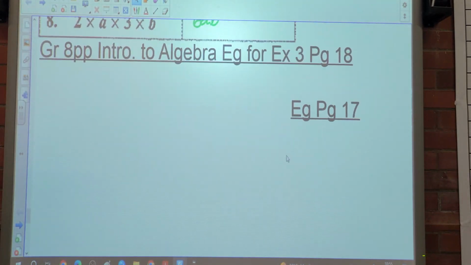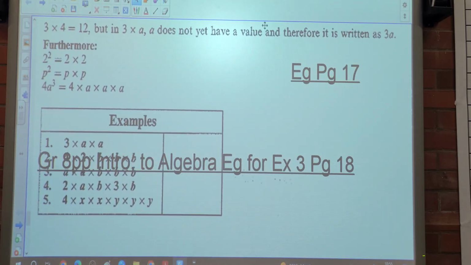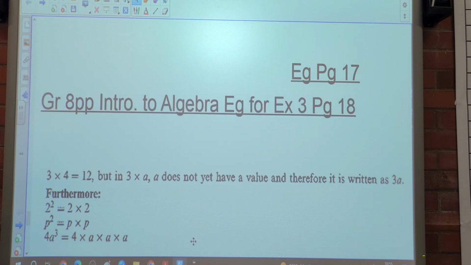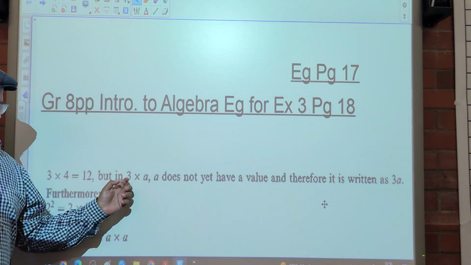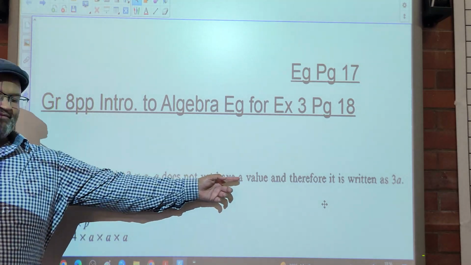Now with that in mind, let's look at this here. It says 2 multiplied by 3, 3 multiplied by 4. What's 3 multiplied by 4? 12. Okay. But 3 multiplied by a does not yet have a value.